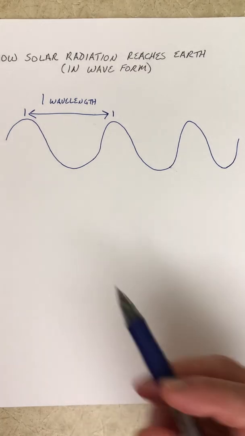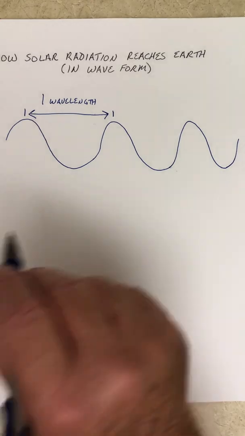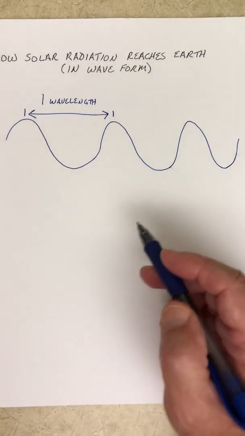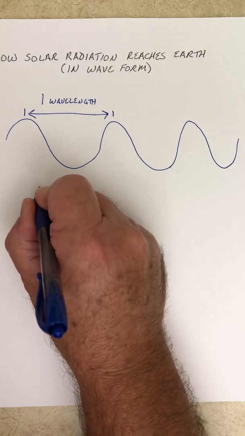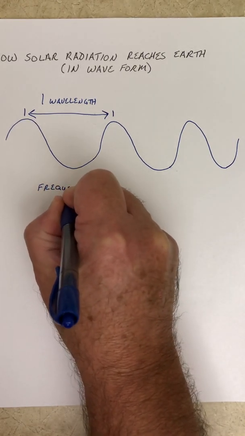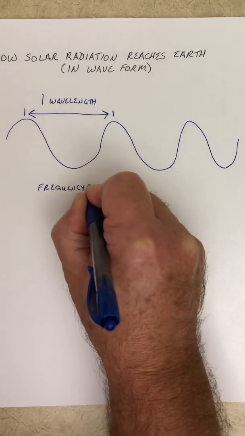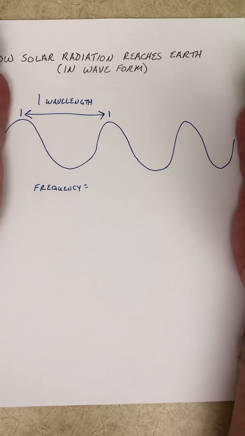Now, along with the wavelength, there's a concept called frequency, and frequency is how many waves pass a given point in 1 second. So frequency equals, let's say that this segment right here travels a given point in 1 second.